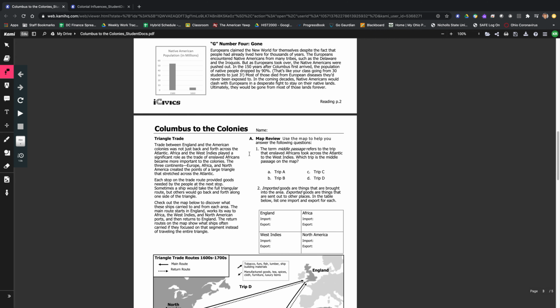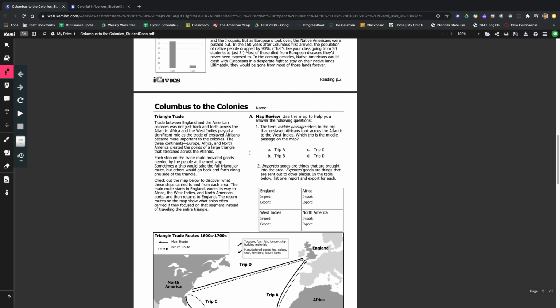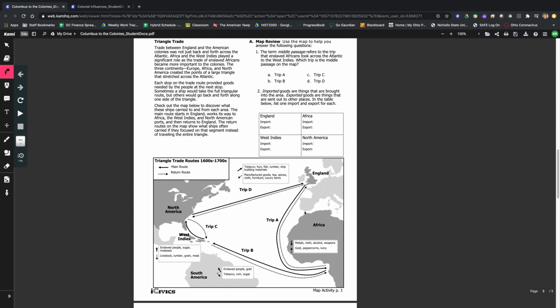Once you have finished reading through pages 1, 2, and this little bit about the triangle trade, no, they weren't trading triangles. The triangular trade deals with the route from Europe, specifically from England to Africa to North America and the West Indies and back. And you can see how this kind of formed a triangle.